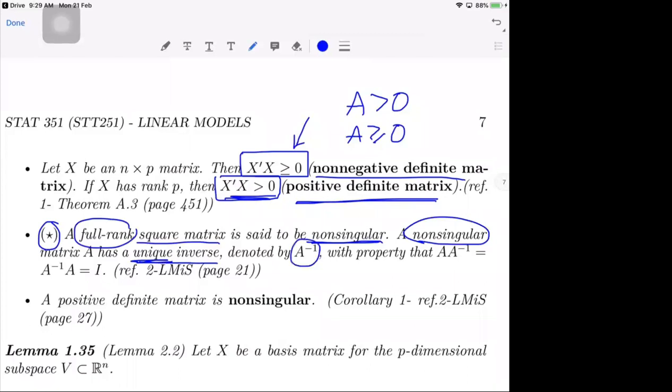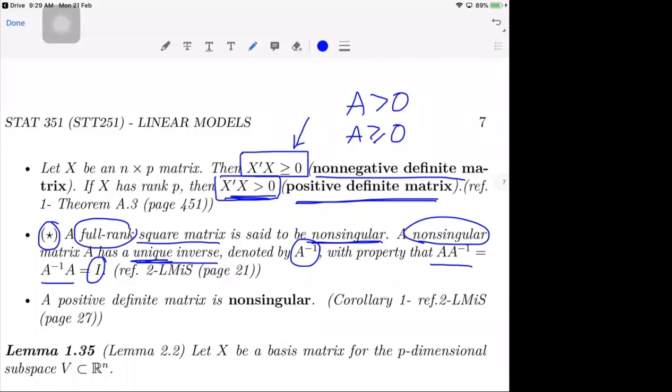Since it is unique, we denote it by A inverse, with the property that if you post-multiply or pre-multiply a matrix A by its inverse, it is equal to the identity matrix. So full rank implies a non-singular matrix.